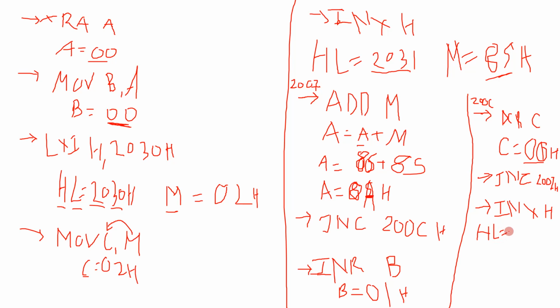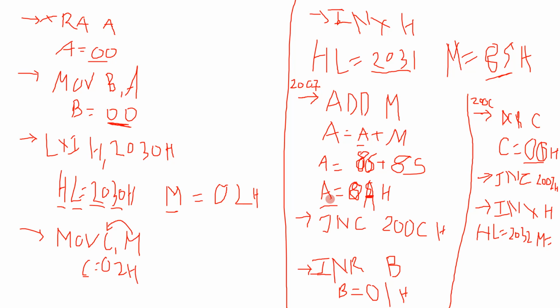What we will get after adding 1 to 2031? We will get 2032. And we know that HL is used to point to the contents of a particular memory location. Here HL is pointing to the contents of location 2032. So there should be some value at M. But at location 2032 I want to store the contents of accumulator, isn't it? I want to store the result at location 2032.